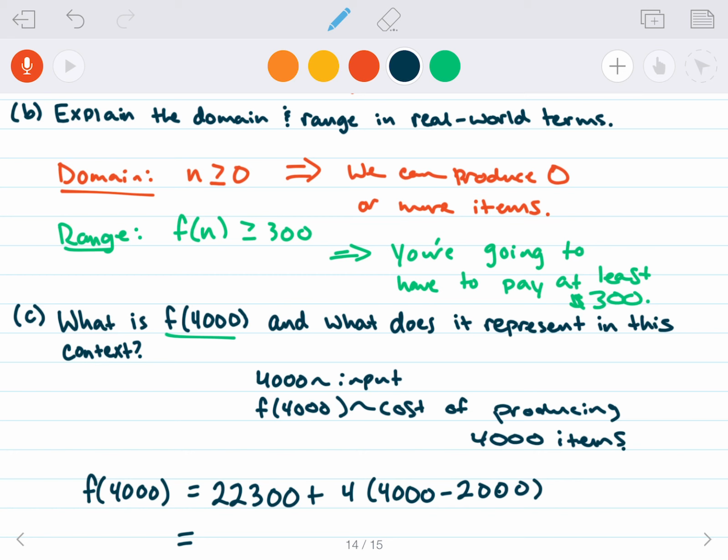Let's compute this. And we get 30,300. So this is going to be the cost of producing 4,000 items.